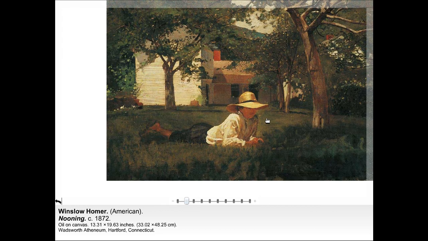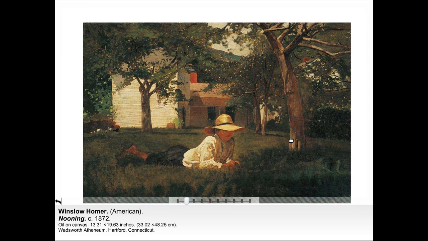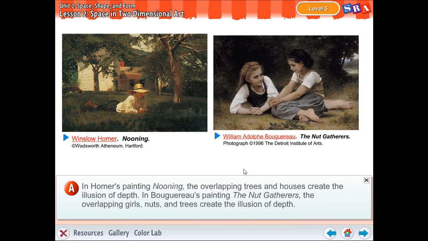So as the artist created his artwork, he tried to make it appear that it's 3-dimensional and has depth. So in Homer's painting, Nooning, it's the name of this painting, the overlapping trees and the house create the illusion of depth. So you can see the house is in the background, so he's made that smaller. Also, this tree is in the foreground, so it's bigger.